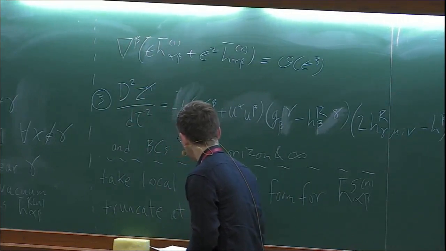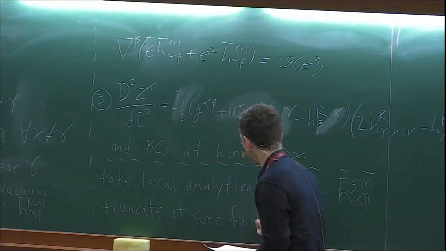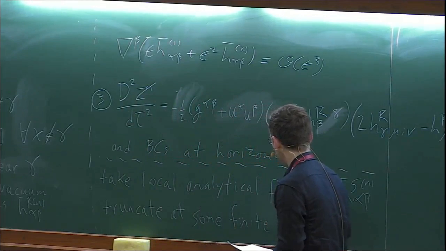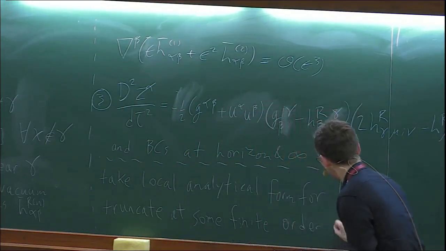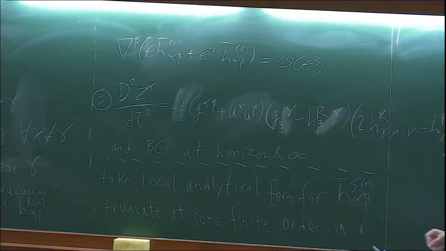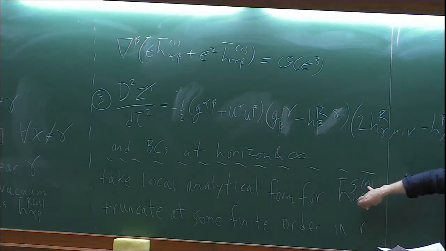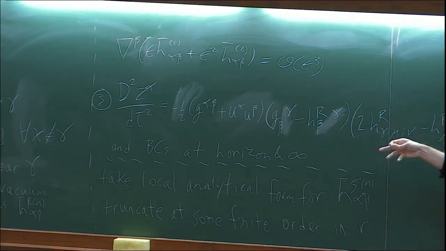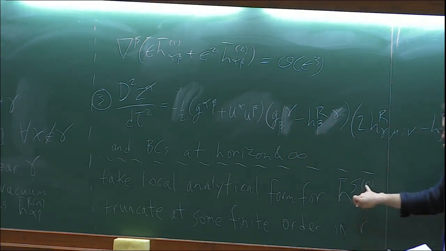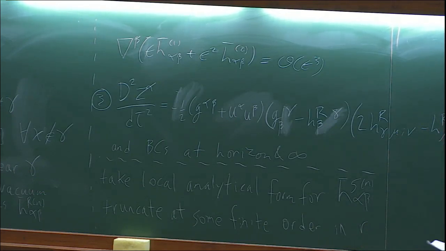So some finite order in R, where R is distance from the world line. So as I said, we have this for n equals 1 up to order R out of the 4, and we have it for n equals 2 up to linear in R, including the linear in R term. Then call this truncated expansion, this is our puncture.